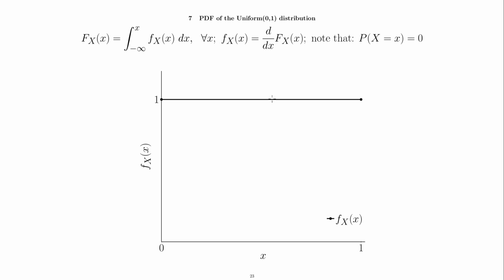And you can think of this as the fact that any single point on this line is infinitely thin, so it can't possibly have any value by itself.